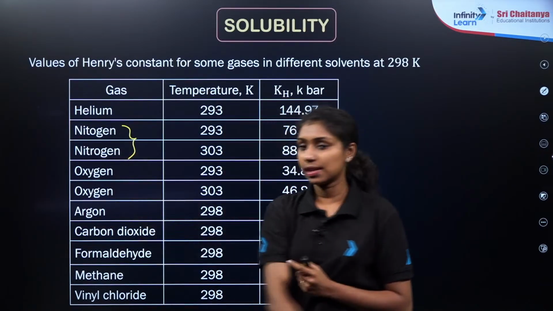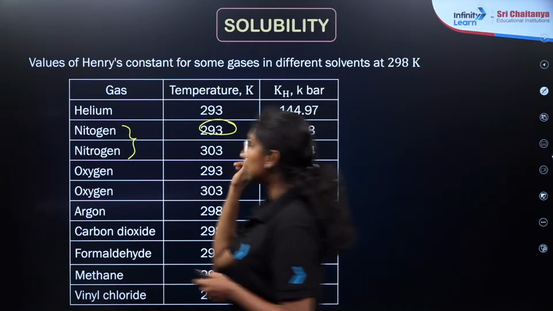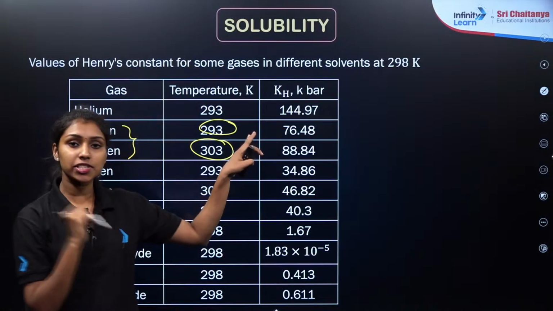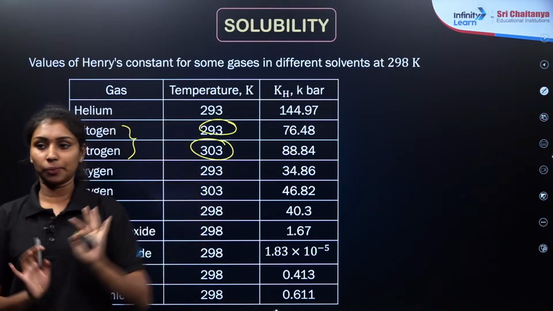The same nitrogen gas. One is at 293 Kelvin and the other is at 303 Kelvin. What are you observing about the value of KH here? What is happening there? Whether the KH value is increasing or decreasing? That is the question.